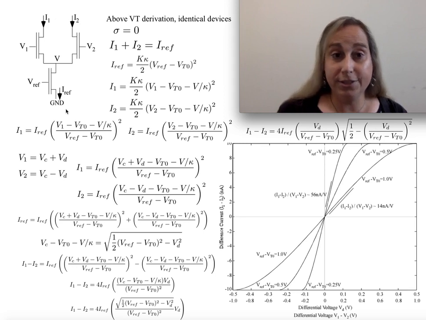We're going to assume all the devices are identical, so that it keeps all the math simple, and we'll be able to run through things accordingly. For that, we get the sum is equal to IREF. IREF also gives me kappa over 2 times Vref minus Vt0, squared. So this is what you get for above threshold for that device.